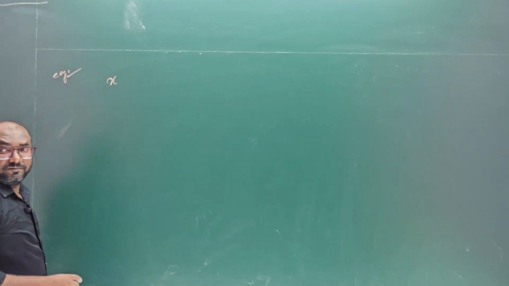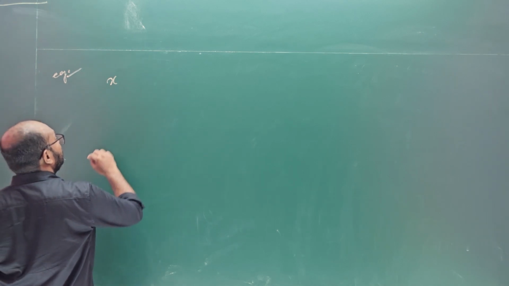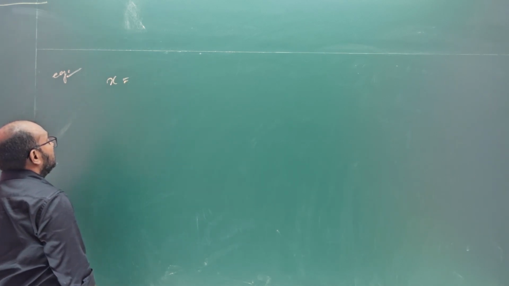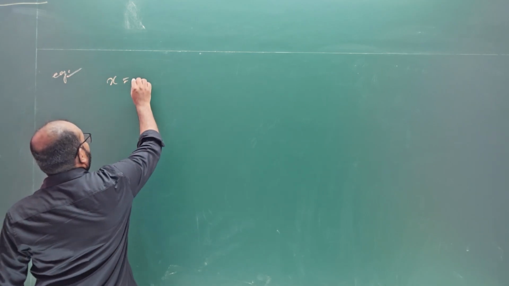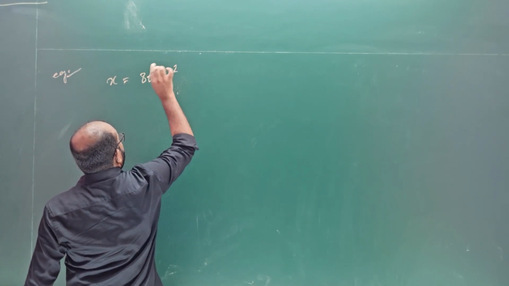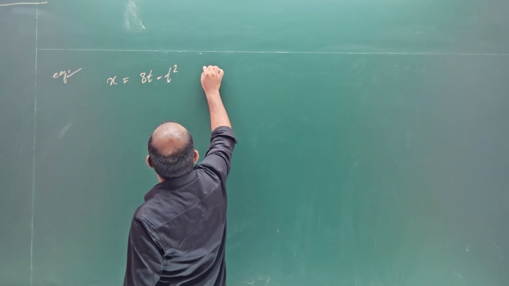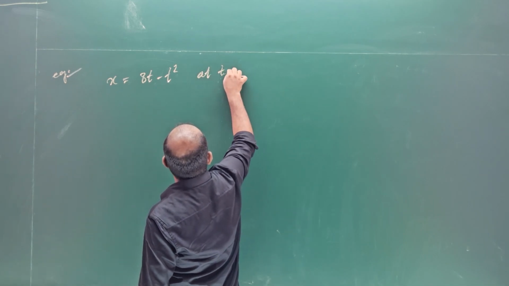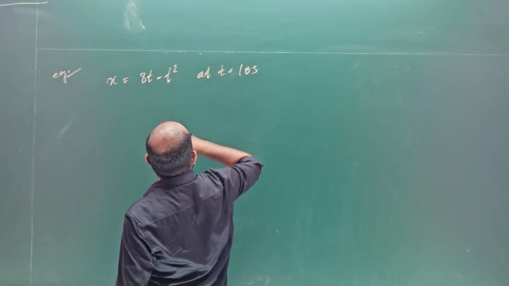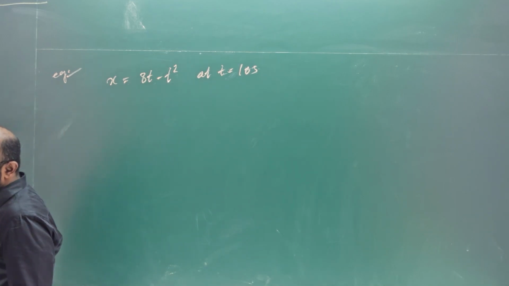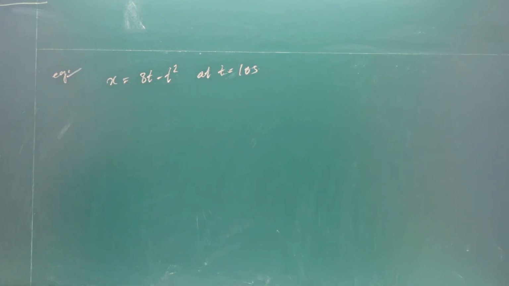Try one more, and this one will be the last one. Okay. X is equals to 8t minus t square, and the time is t is equals to 10 seconds. Find everything: distance, displacement, average speed and average velocity. Okay, come on, be quick.